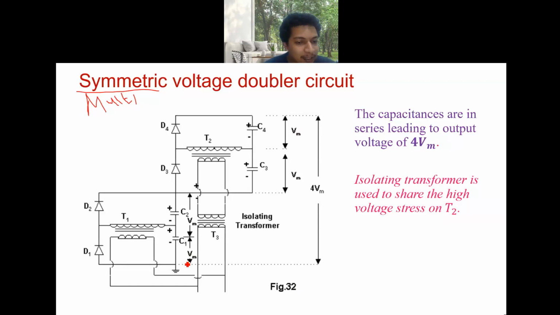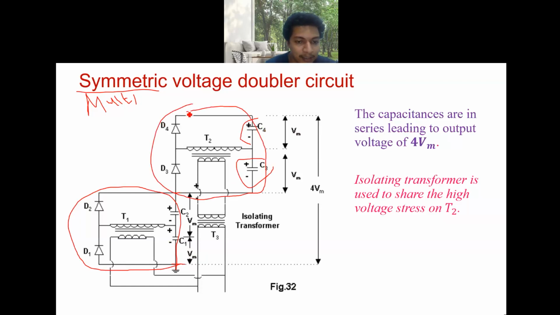I think you are aware of this much. If you take the voltage between these two terminals, you will get 2Vm. These two capacitors C1, C2 are connected in series with C3, C4. This is another symmetric voltage doubler circuit.